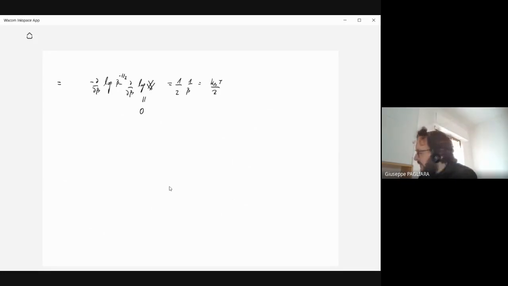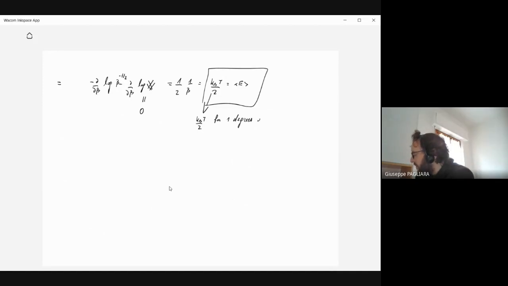This is the average energy of one particle in contact with the thermal reservoir, computed in the canonical ensemble, and you find exactly the quantity that you expect: k_B T over 2 for one quadratic degree of freedom, which is basically the equipartition theorem.